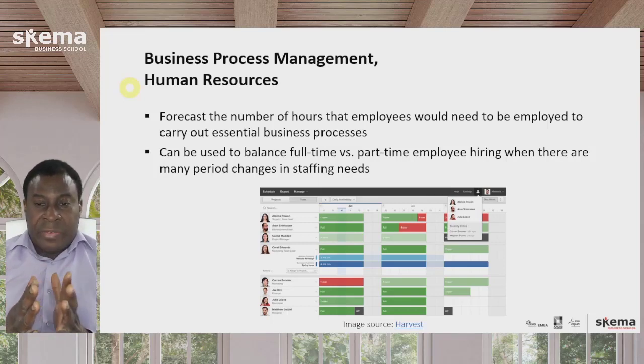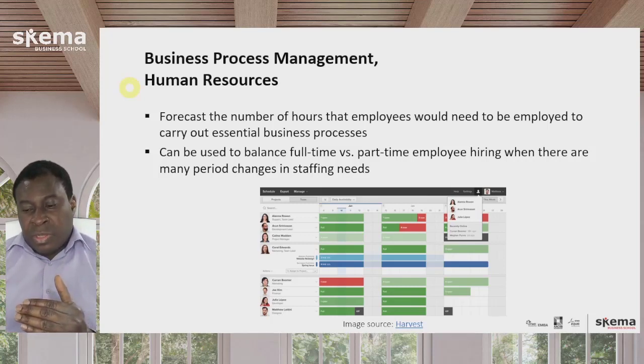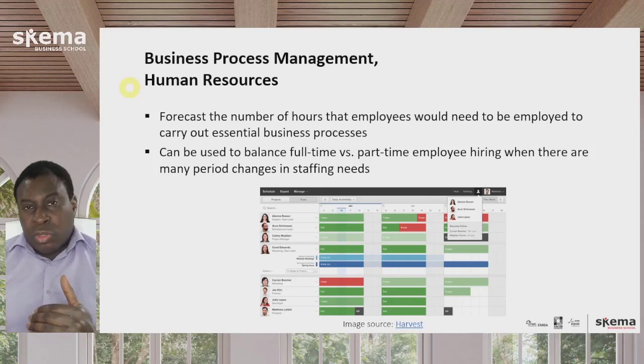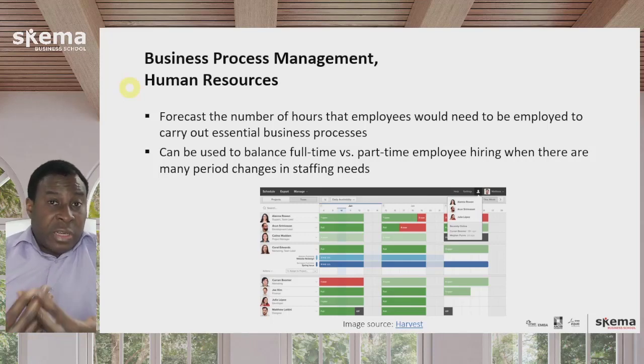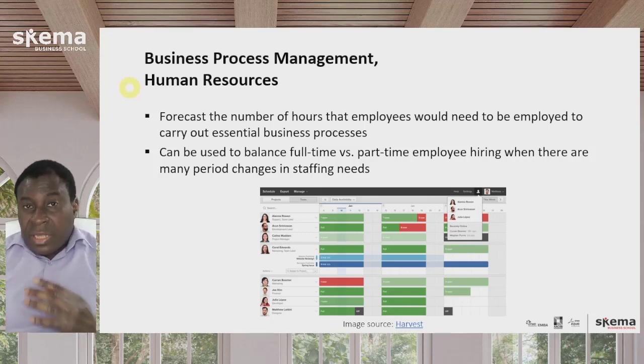So in order to have enough people so that customers can be responded to quickly, the company wants to have an estimate of how many calls there would be at different times. However, the company doesn't want to have too many people on staff. Otherwise, they're just sitting there without customers calling, and that could be quite expensive. So estimating how many customer calls there would be at certain times is a challenge.